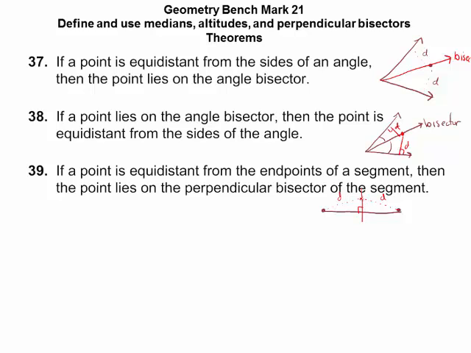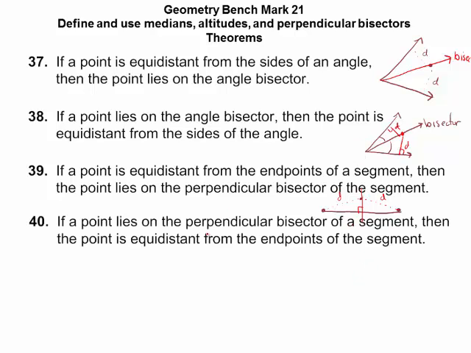And that is if the point is on the segment, so it could be here in the middle, the midpoint basically, or it can be anywhere along this axis. And vice versa, if we have a perpendicular bisector, I can find any point on that bisector, and then these distances will be the same.